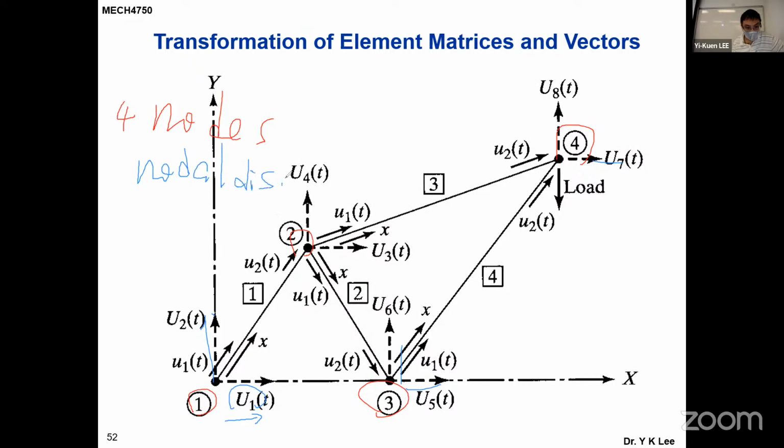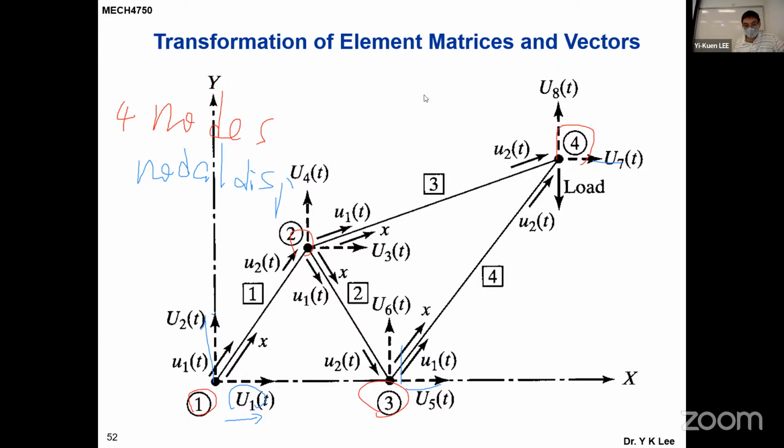Being a 2-dimensional vibration problem, you have U1 in the X direction and U2 in the Y direction for each node.